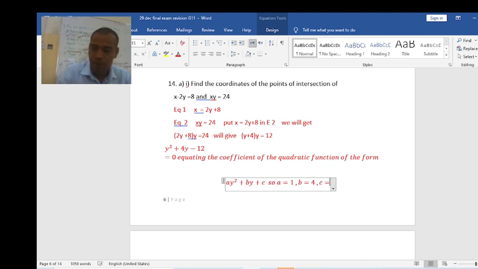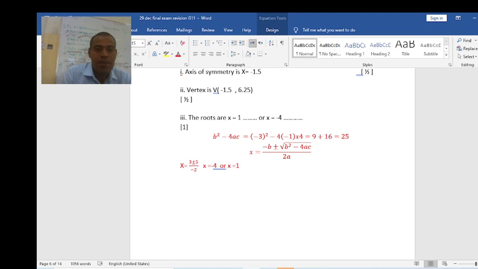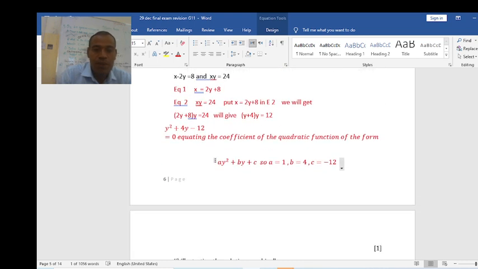Now we will use the discriminant. The value of the discriminant is b squared minus 4ac. Here it will be 4 squared, which is 16, minus 4 multiplied by 1 multiplied by negative 12.